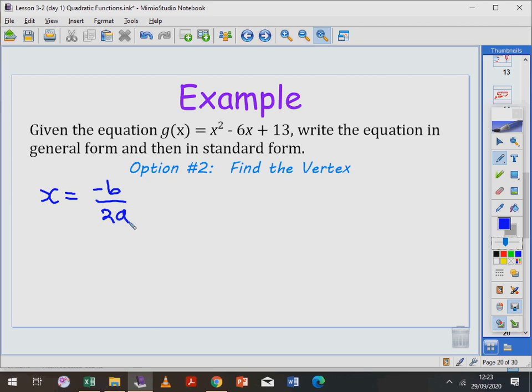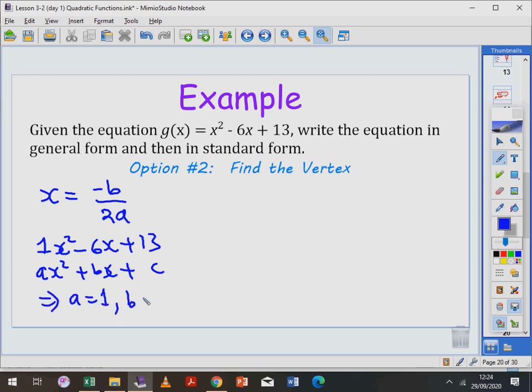So it's arranged according to the general form, because it's x squared minus 6x plus 13. If I compare it with ax squared plus bx plus c, I hope you can see that a is 1, b is negative 6, and c is 13.